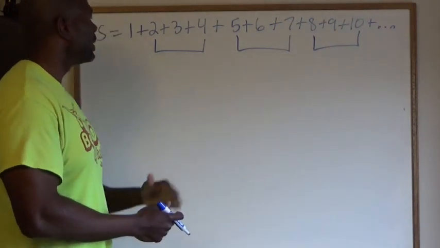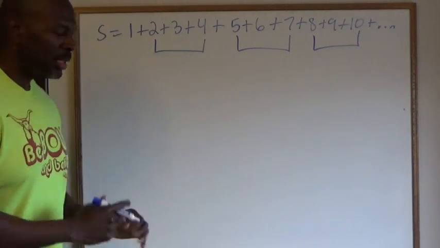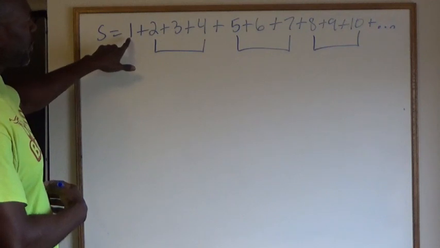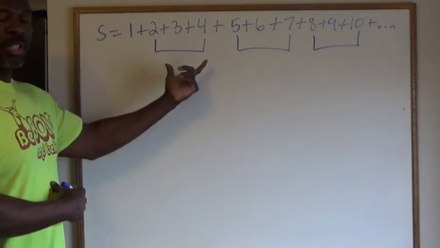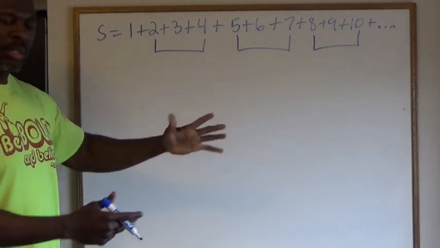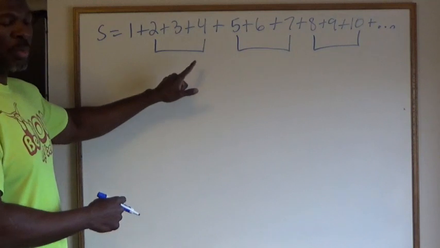And I'm going to get the sum of each partition. You may notice that I didn't use the number 1, the first number, in my first partition. There's a reasoning behind that we'll get into a little bit later. But for now, just recognize I didn't include 1 in the first partition.